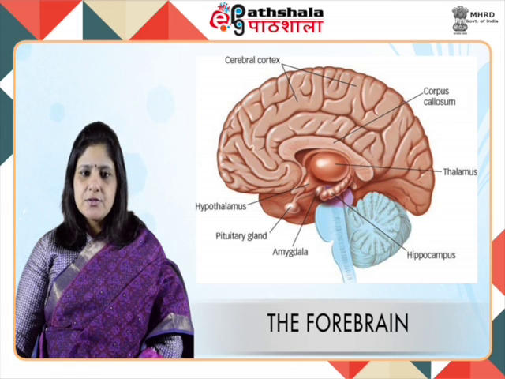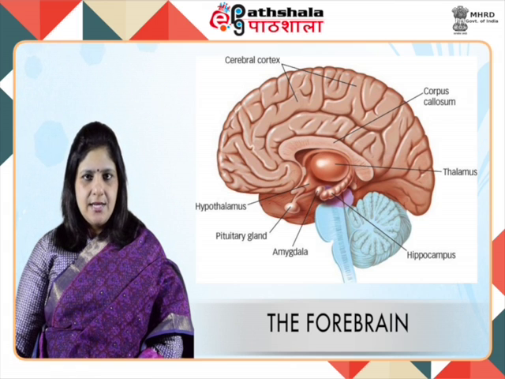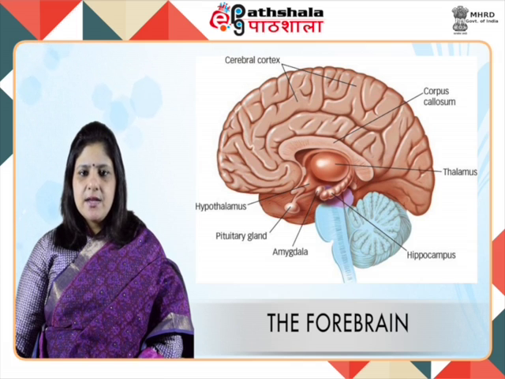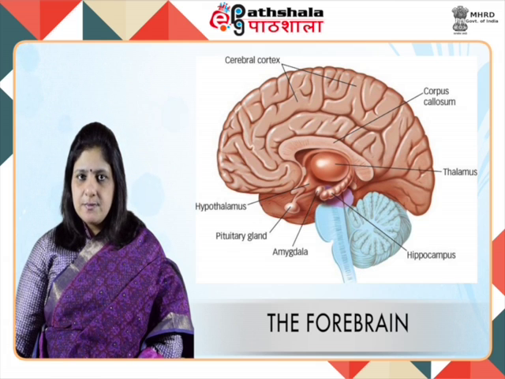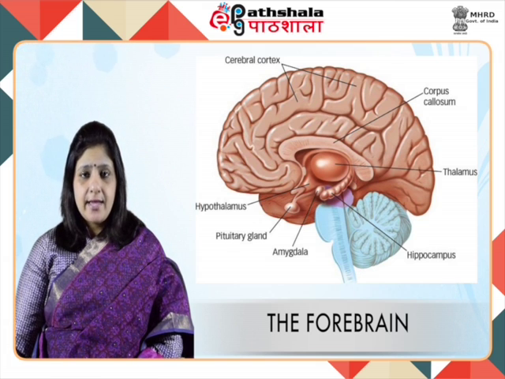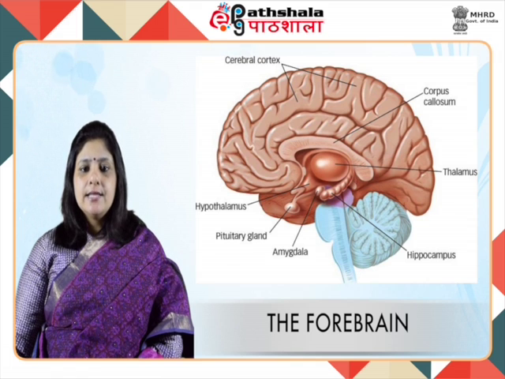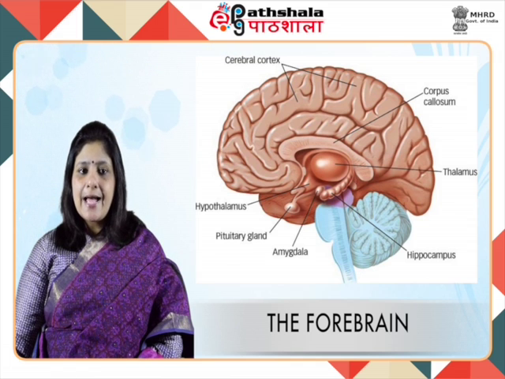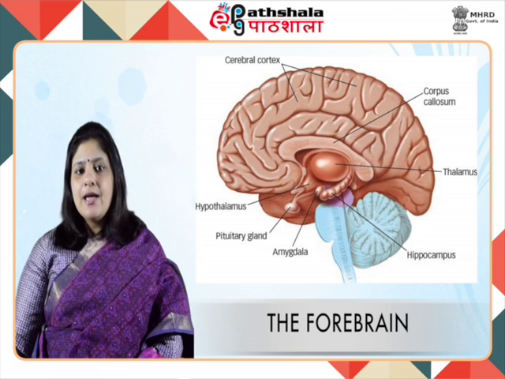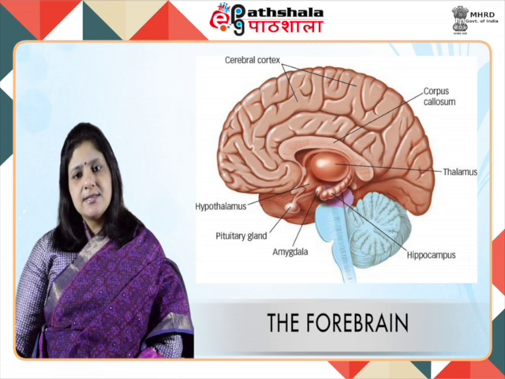Left hemisphere is associated with verbal reasoning such as speech and grammar and mathematics, while the right hemisphere is involved in non-verbal processing such as spatial perception, visual recognition, and emotions. The left hemisphere processes information coming from the right side of the body, while the right hemisphere processes information coming from the left side of your body.